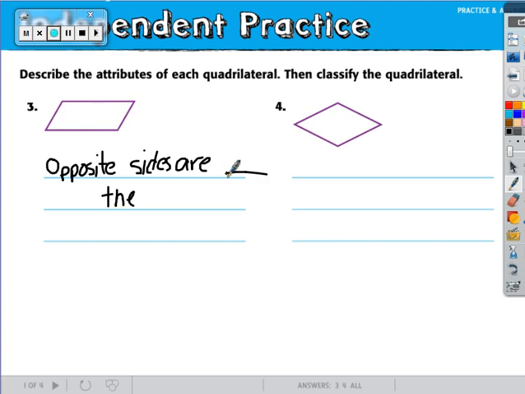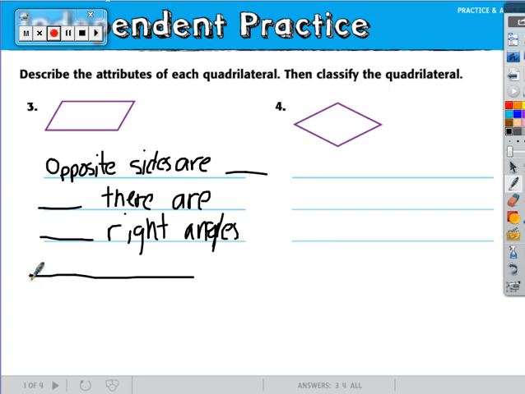Blank, blank, right? There are blank right angles. And then the name of the shape. Okay? You can probably fit it on your 3 lines because you can write neater than I can with my stylus. Do you get it?